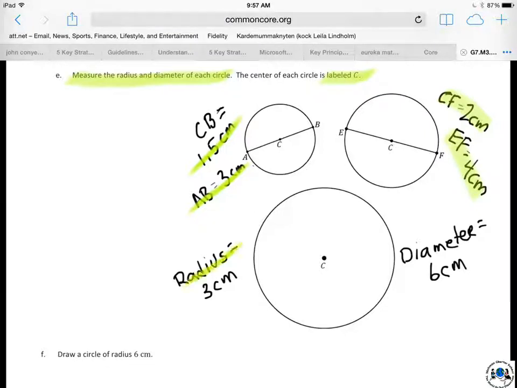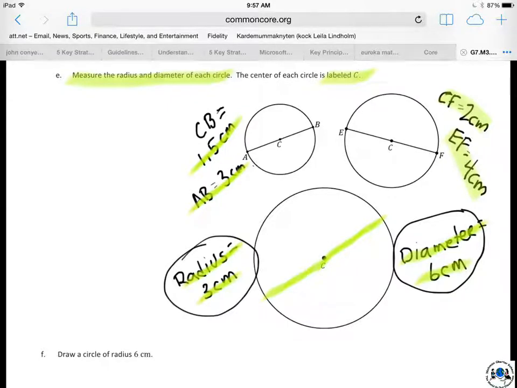The radius of this larger circle is 3 centimeters, from here to here, and then the diameter would be 6 centimeters, which would go right across the face of the circle. You may have gotten those exact dimensions. If not, the major point is that in every case, your diameter was twice that of your radius.